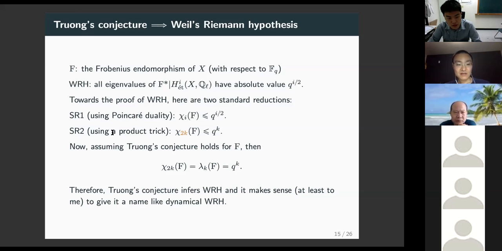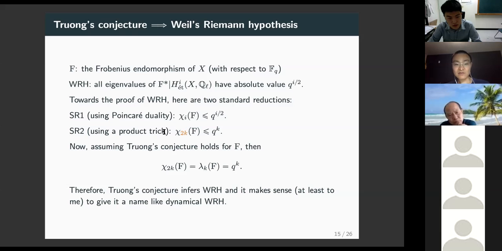Another reduction uses the so-called product trick. We just need to show chi_2k(F) is at most q^k. We don't have to show it for all i, just for even indices, using the product trick.